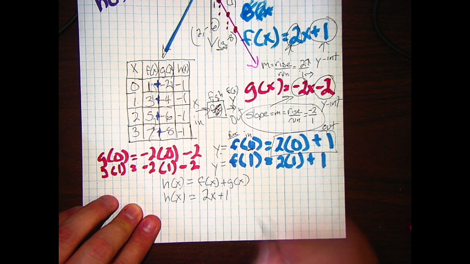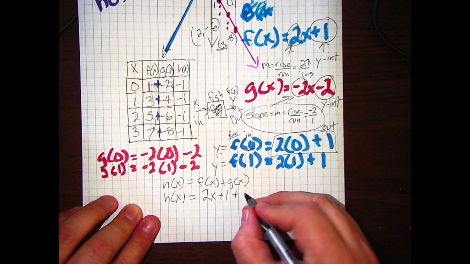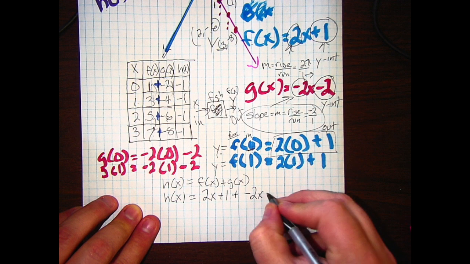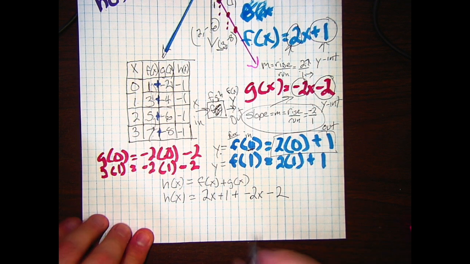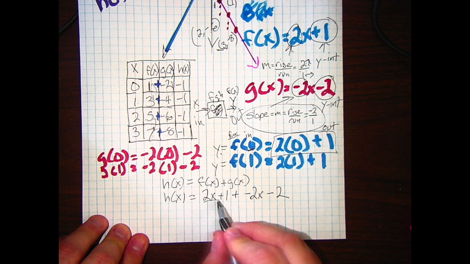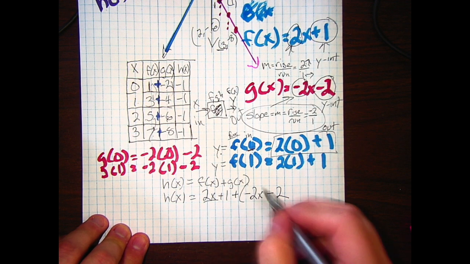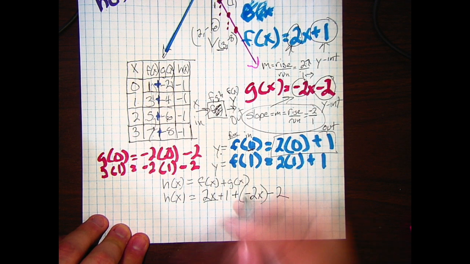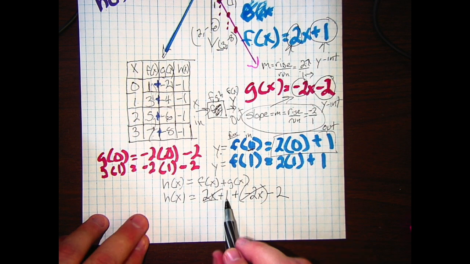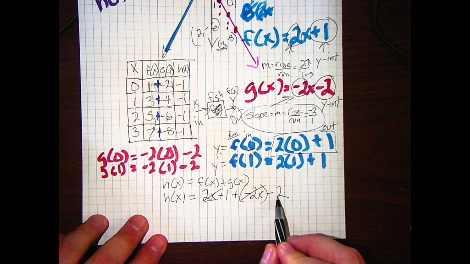Plus 1. Okay. Now, what is g of x? Plus -2x plus -2. Well, what's going to happen with my 2x and my -2x? Those two cancel out. What am I going to have when I have +1 and -2? -1.